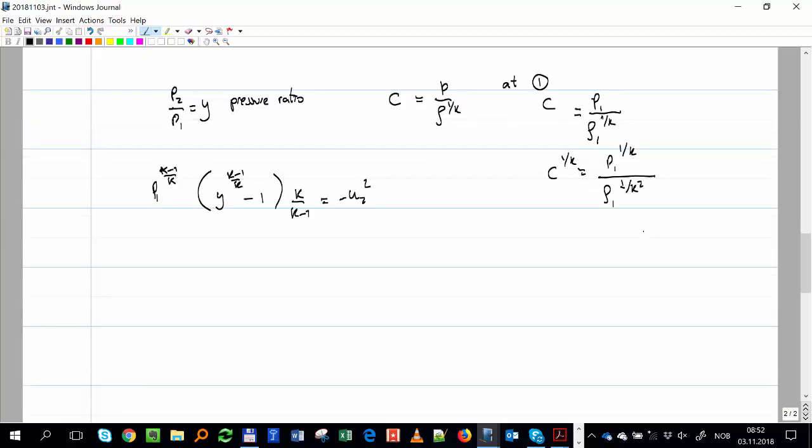Okay, so let's substitute that here. P1, 1 over K divided by density 1, 1 over K squared.